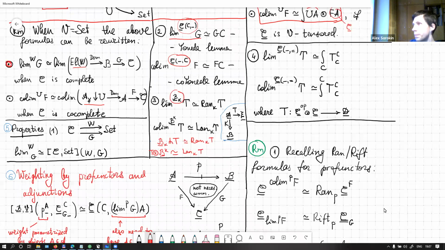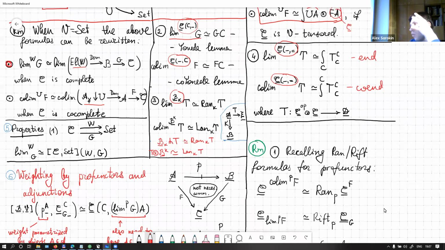Property number 4 is about end and coend. So we have end and coend that can also be computed using the Hom profunctor, but now this Hom profunctor is considered as a functor of a single variable, the single variable being two variables. So if you consider two variables as one, then we can consider this functor as contravariant and the same one as covariant.